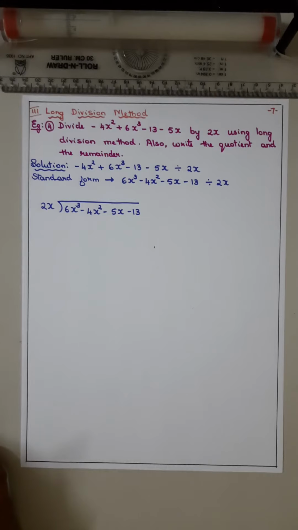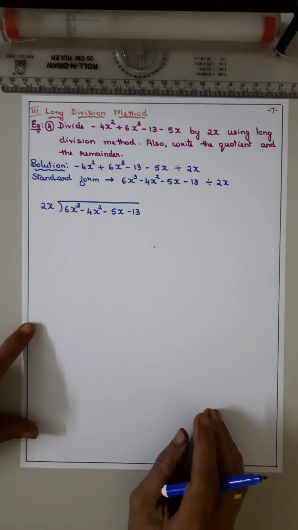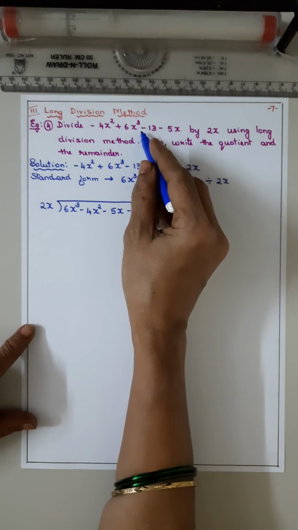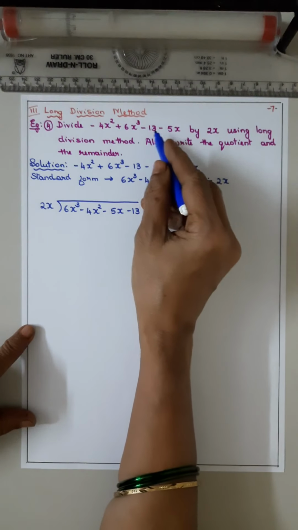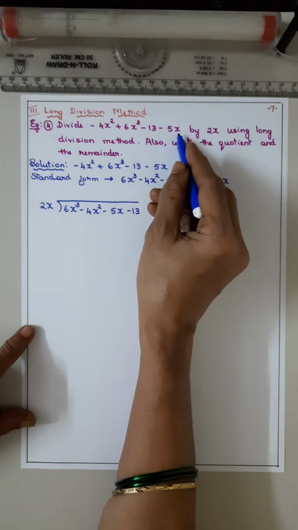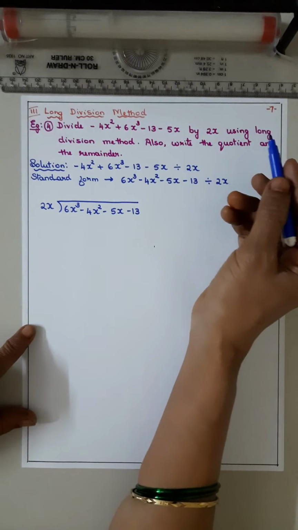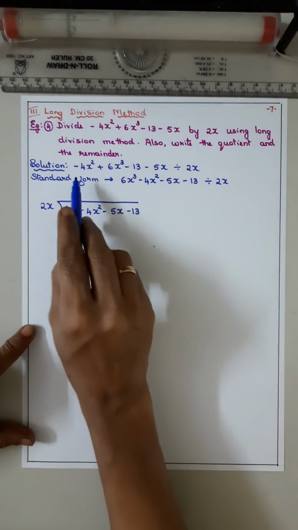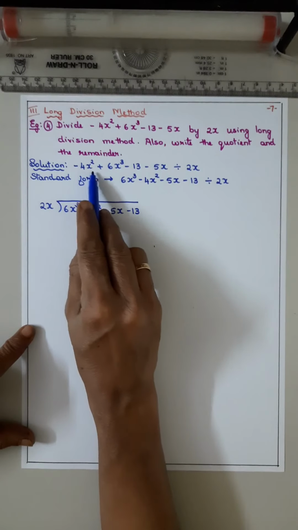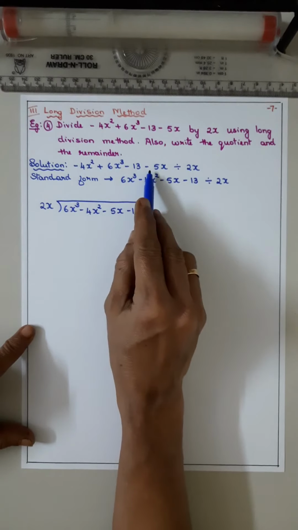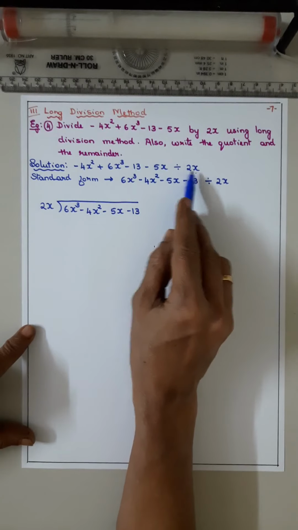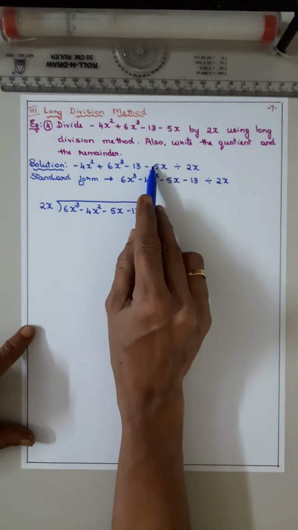Now example 4: divide minus 4x squared plus 6x cube minus 13 minus 5x by 2x. Now see this. Is it in the standard form?